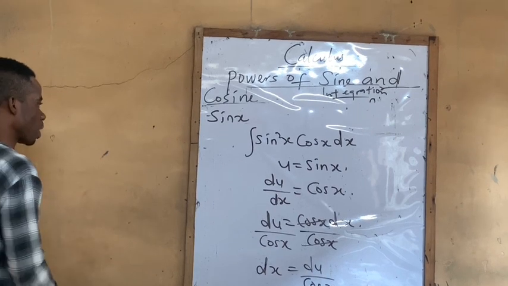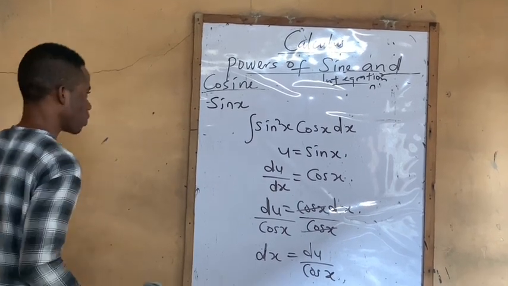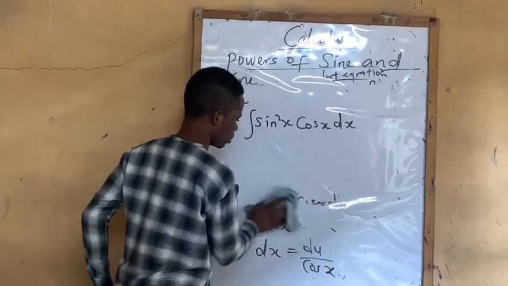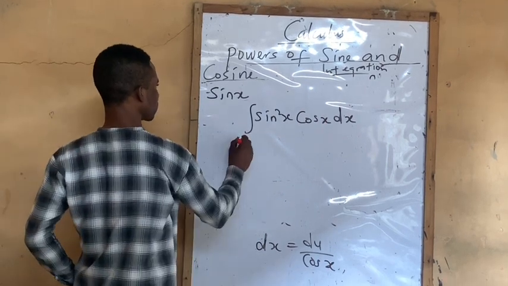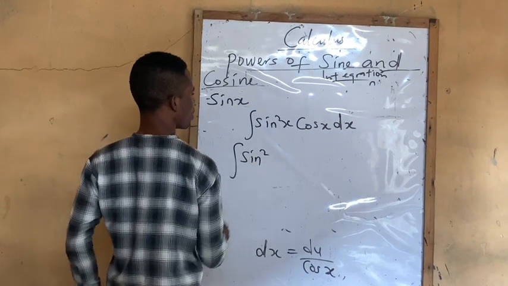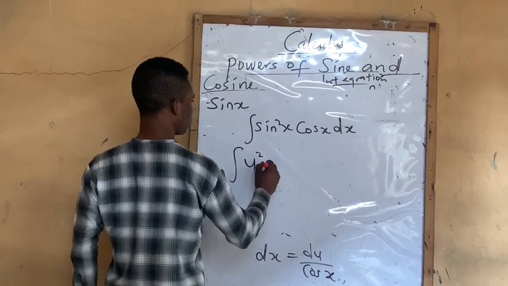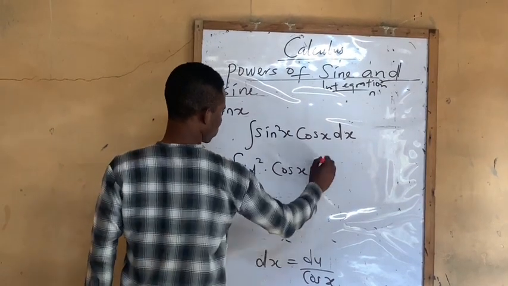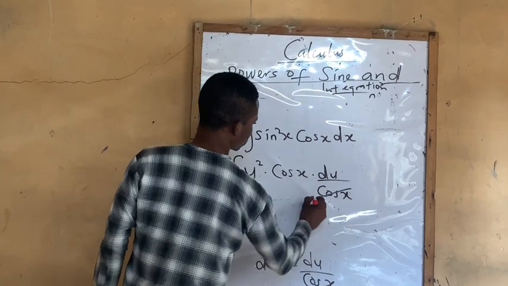Since I've gotten dx to be du all over cos x, what will I do? That is the integral of sine square, which has been represented as u, so u square, multiplied by cos x, multiplied by my dx, du all over cos x. This cancels this.